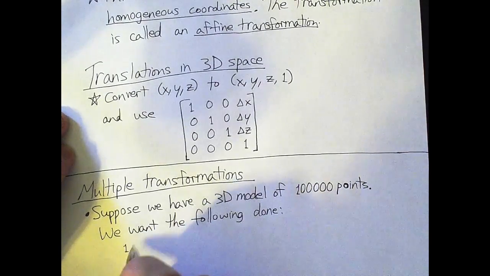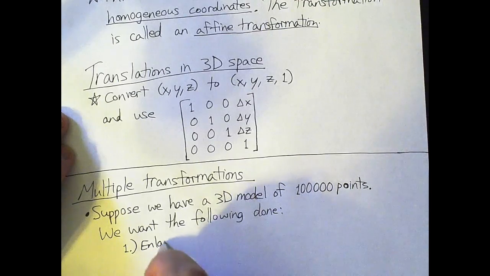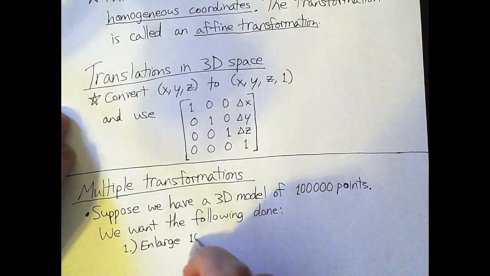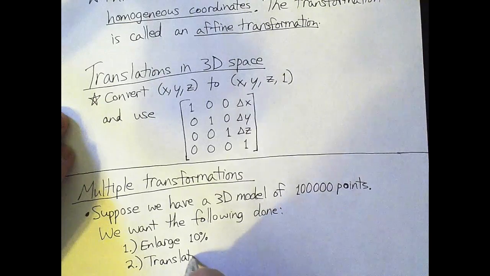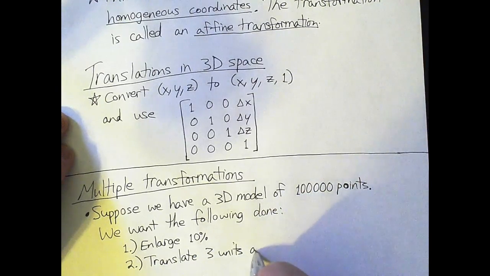In my example, let's say I want to enlarge by 10%. I want to translate 3 units along the z-axis.